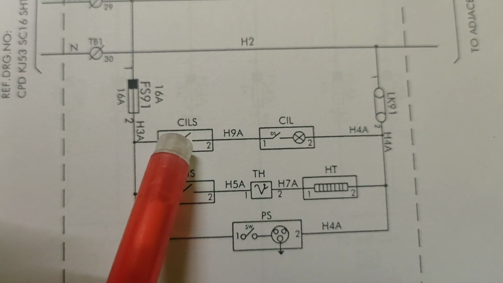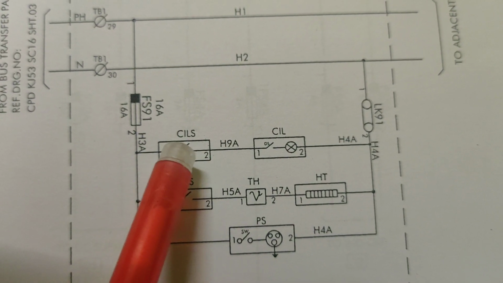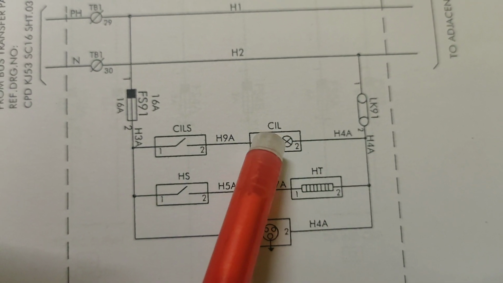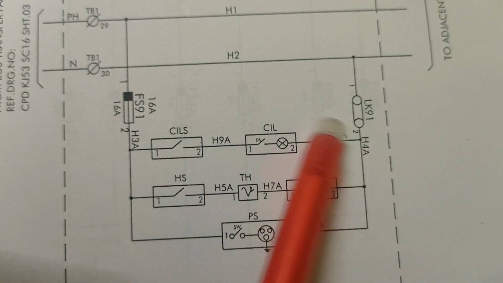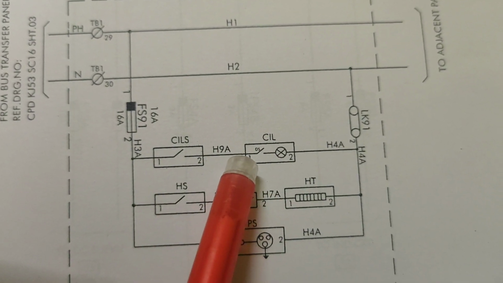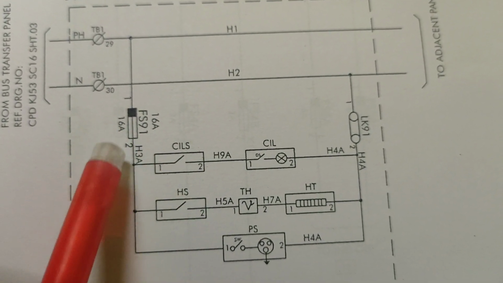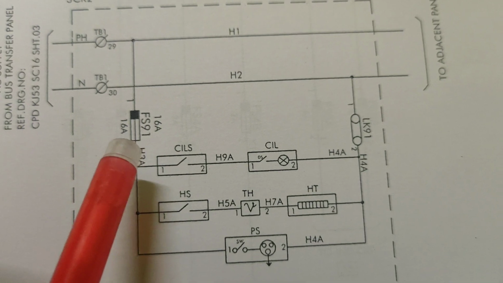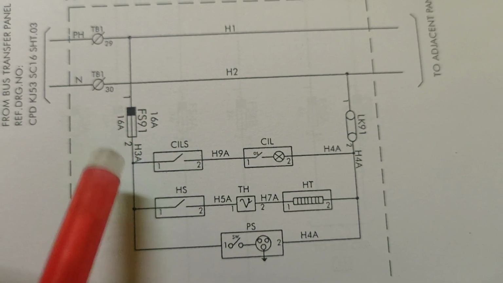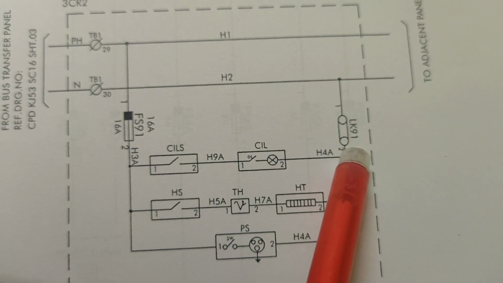CILS is the switch for the control illumination lamp. This is the control illumination lamp, and H3A, H9A, H4A are all internal wiring connecting between the fuse point and the switch point, to the light point, to the neutral point.